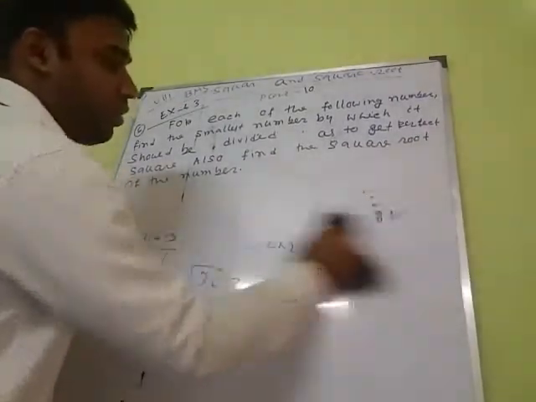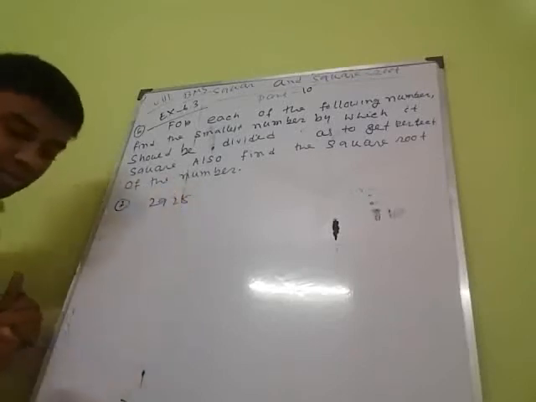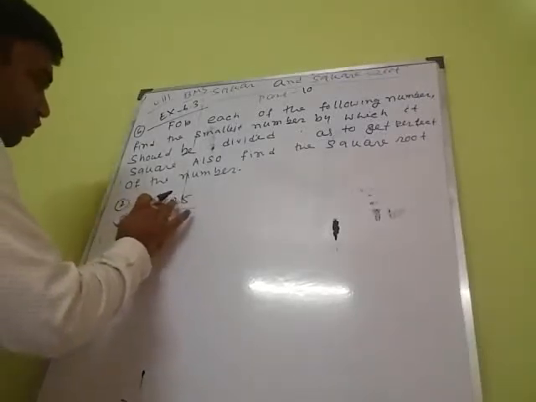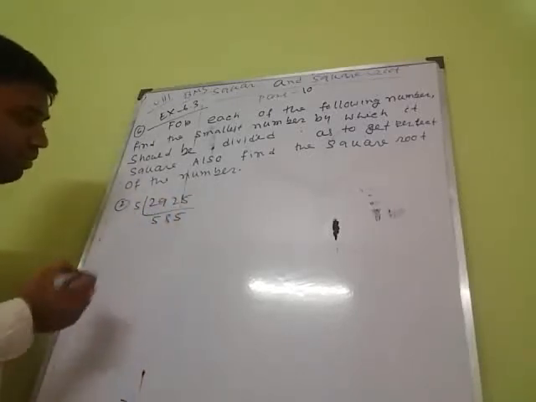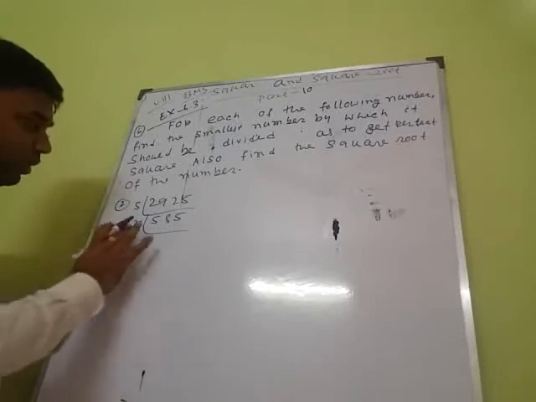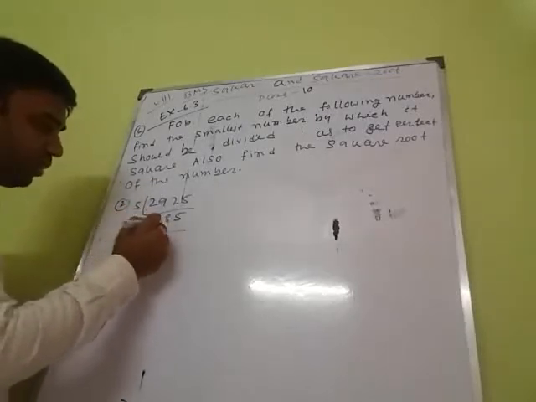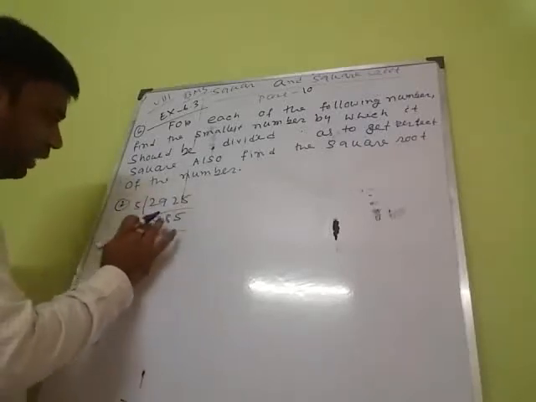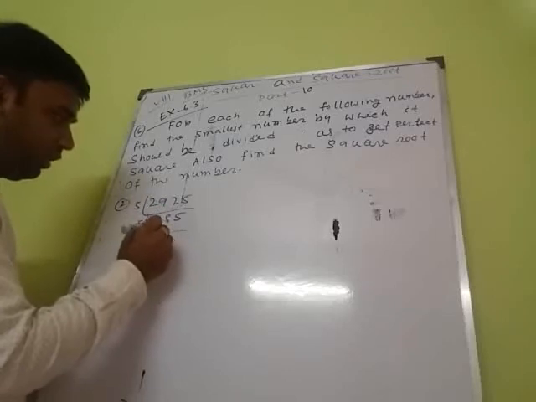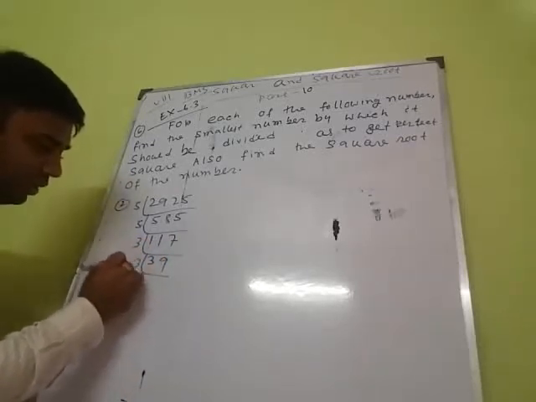2925. First of all, students, divide it by 5. 2925 divided by 5 is 585. Divide again by 5, that is 117. Then 117 divided by 3 is 39, and divided by 3 is 13.